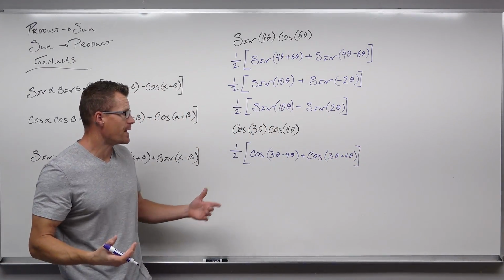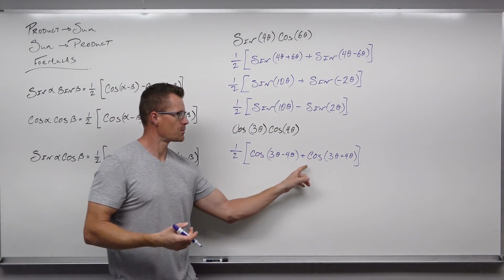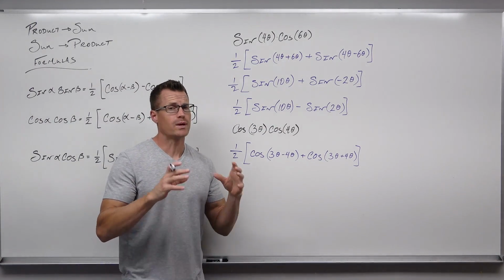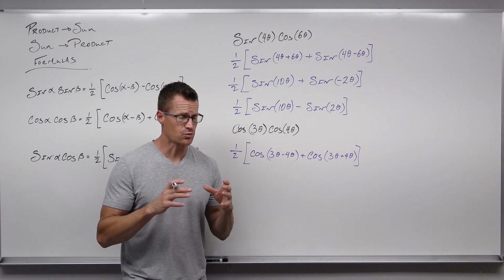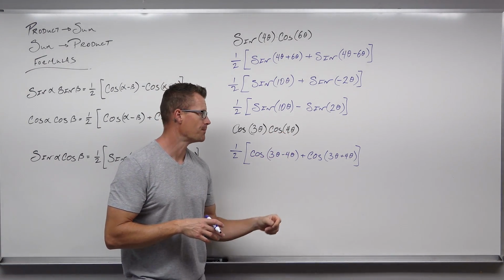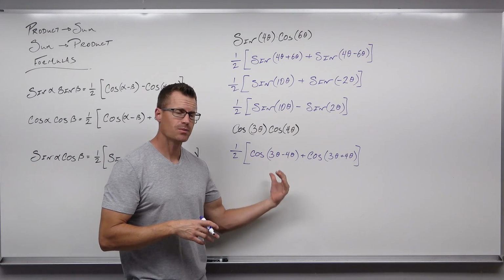And so we've done that. Cosine of subtract the angles plus cosine of add the angles. We're going to double check. It looks really good. We have to subtract the angles in order. That's really, really important. And we've done that. First angle, second angle, I've subtracted them. Now, let's go ahead and simplify this.